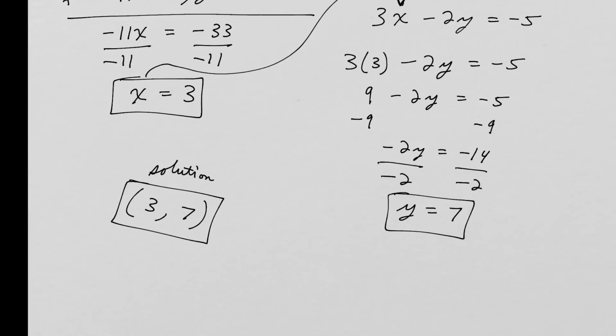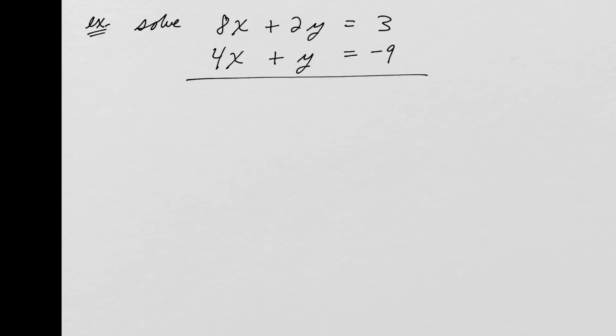Okay, what about those special cases where the lines happen to be parallel or they happen to be the same line? What happens when we try to solve it using elimination? So let me show you a couple of those cases because they could come up. So here's an example.